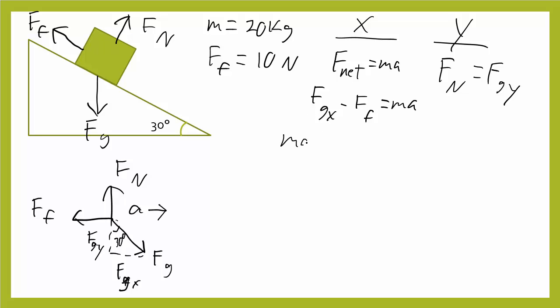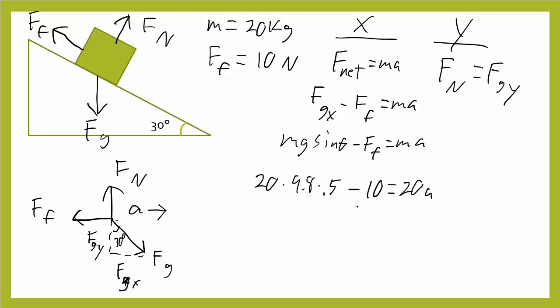Fgx is still mg sine theta, but there's no m in our friction here, so I can't cancel out the m's. But I have all these values now, so I can still plug in and solve for acceleration. I've got 20 for my mass, 9.8. Sine of theta is a half, sine of 30, so I'm just going to do 0.5, minus friction of 10, equals 20 times a.